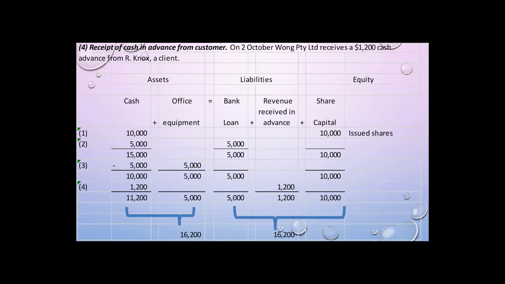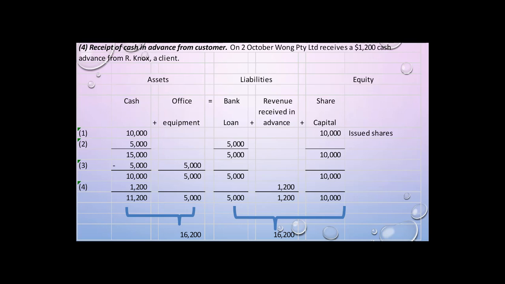Receipt of cash in advance from customer. On 2nd October, Wong Proprietary Limited receives $1,200 cash advance from Arnox, which is a client. In transaction 4, we receive the cash, so it will increase our cash by $1,200. When you go to the other side, this is receipt of cash in advance, meaning we haven't provided the services, so that will be treated as a liability, which means we still have an obligation to perform the required services for the client because they paid in advance.